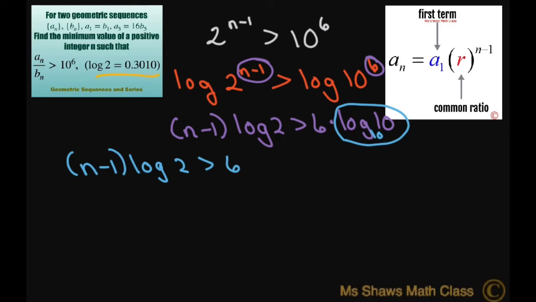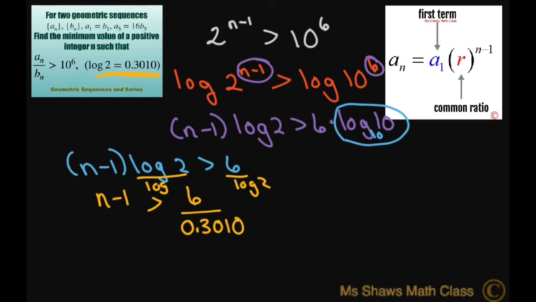This is where this comes in, so we can substitute this in. I'm going to write this as n minus 1 is greater than 6, just dividing by log of 2. But log of 2 is this number here, so I'm just going to write this as 0.3010.